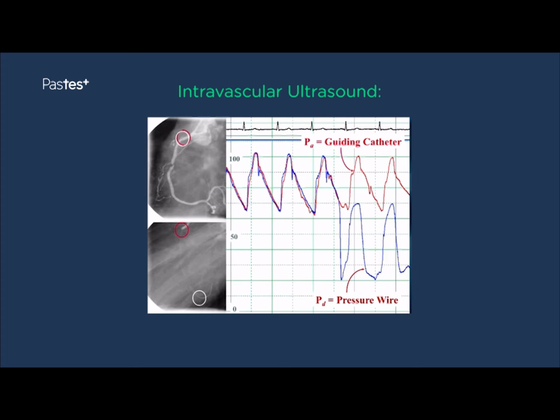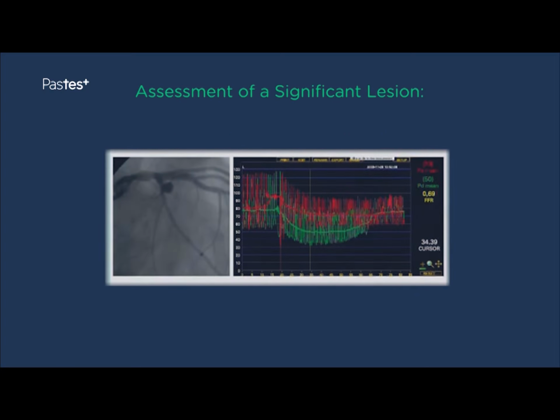Now, in assessing fractional flow reserve, we don't assess these pressure drops at rest, but we assess them after the administration of adenosine. Adenosine is a vasodilator which potently opens up the small vessels which run through the coronary microvasculature. Here you can see the effects of opening up the vasculature, and you can see in the green trace how this distal pressure, or the pressure beyond the stenosis, falls readily.